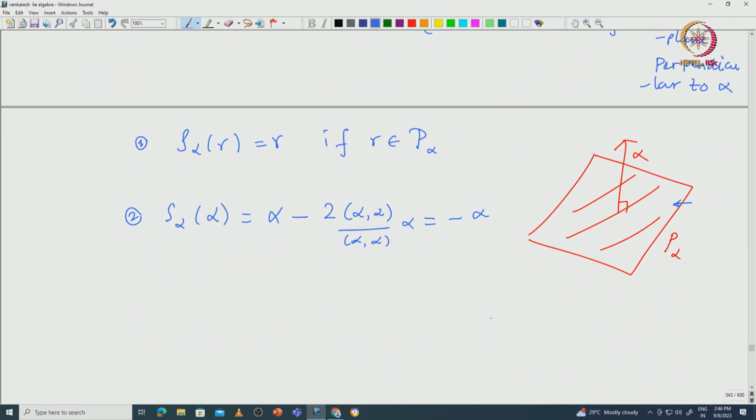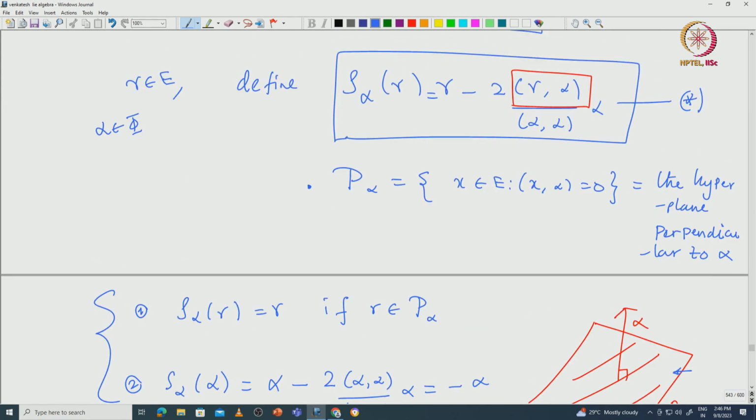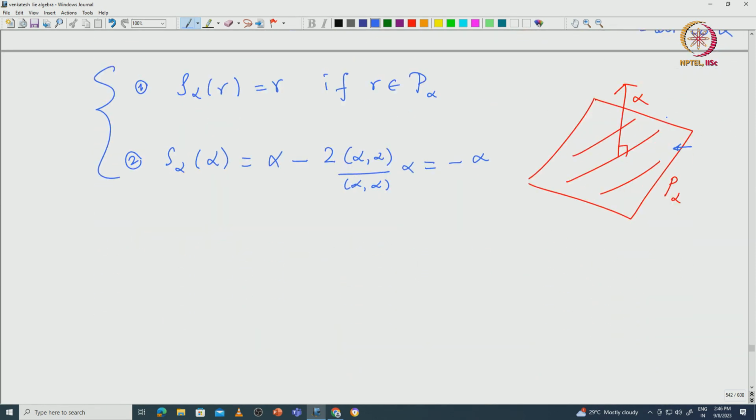Because when you reflect with respect to P alpha, alpha must be mapped to minus alpha.